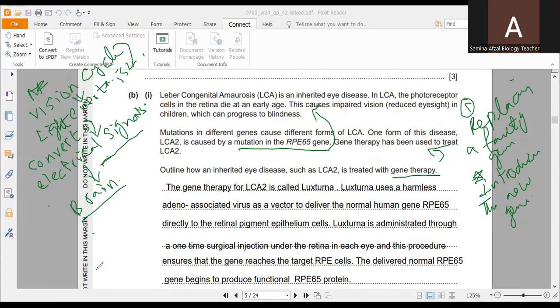Due to mutation, this visual cycle is not properly working, and it leads to severe vision impairment from early childhood.